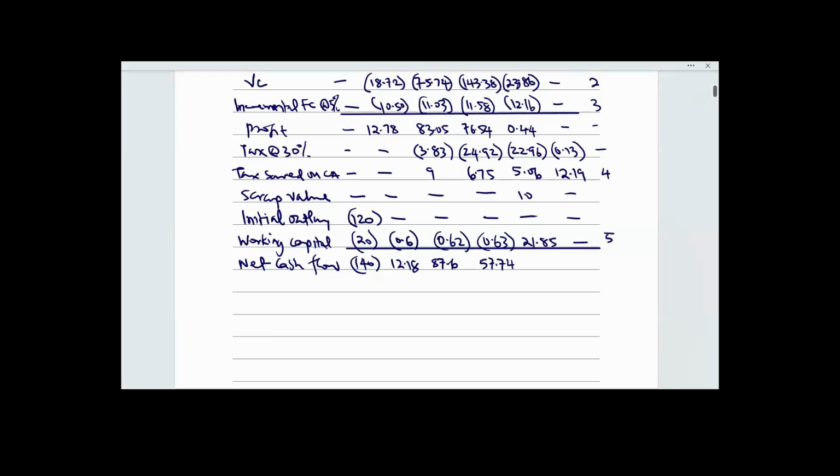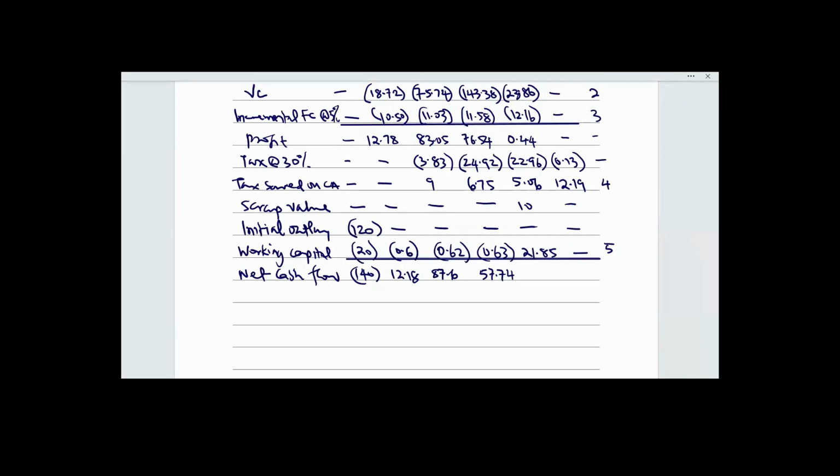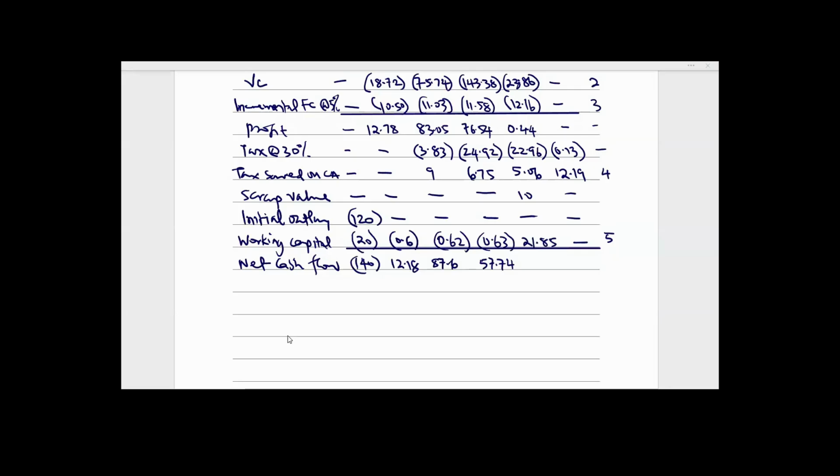Then year 4, 0.44 minus 22.96 plus 15.06 plus 21.85 equals 14.39.